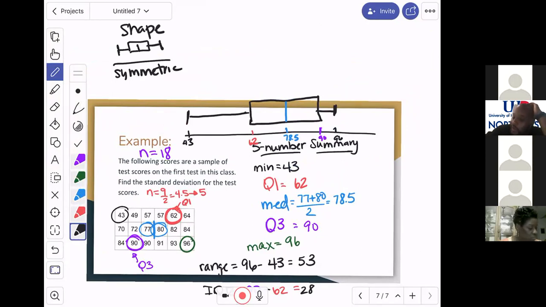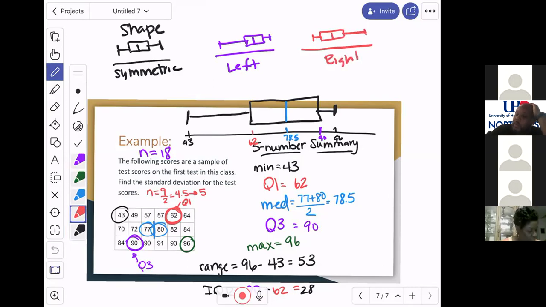I'll come back to it in a second. In a left skew box plot, that's what left skew looks like. And in a right skew box plot, here's what a right skew box plot looks like.